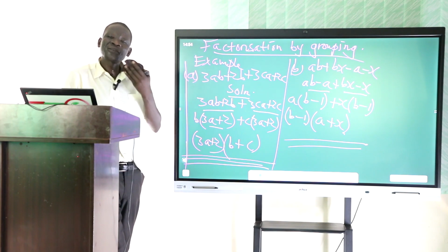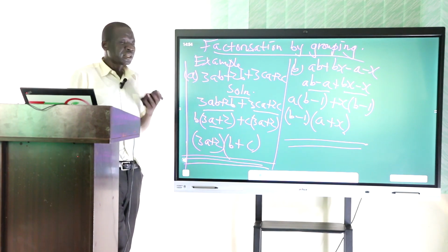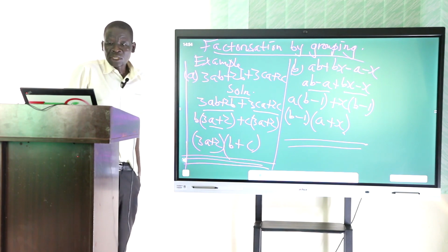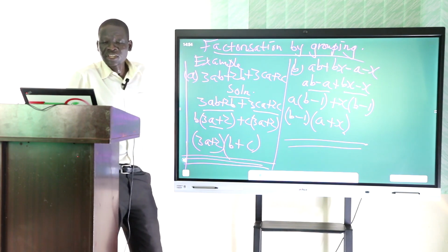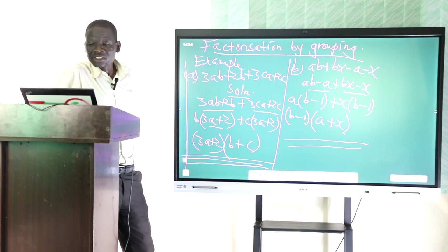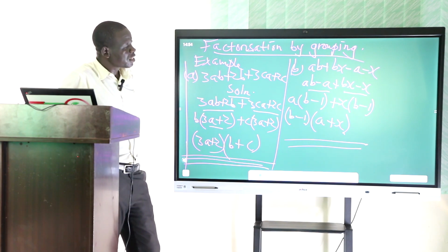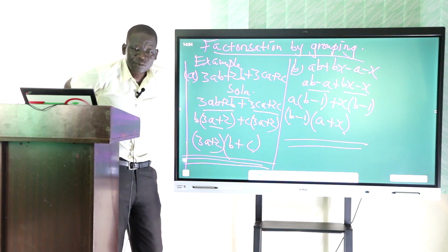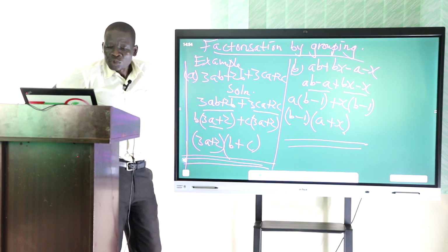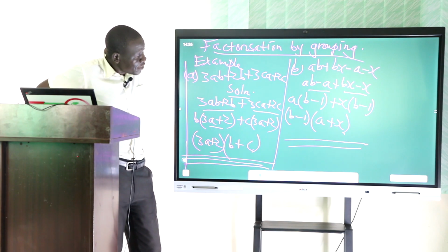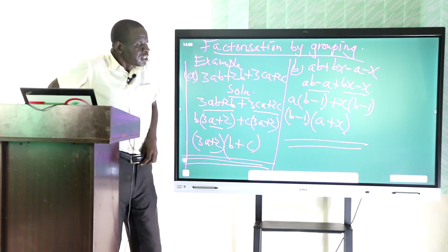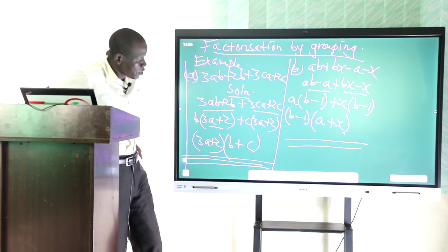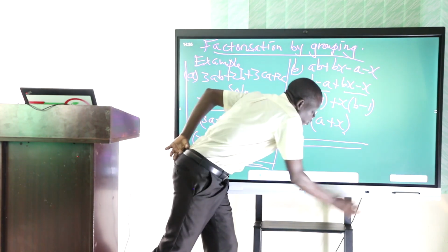Algebraic fractions. We look at algebraic fractions. In algebra, fractions can be added and subtracted by finding what we call the LCM of the denominators. The LCM stands for the lowest common multiple.